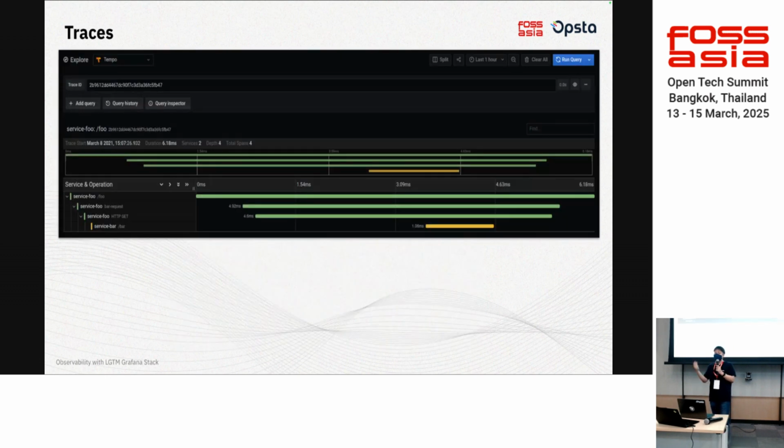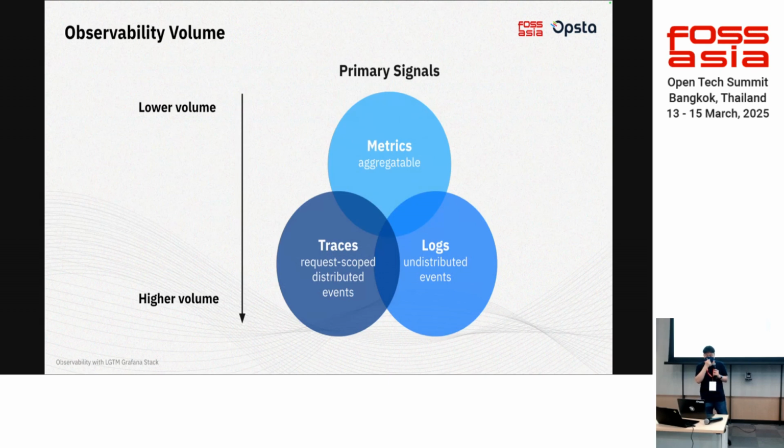For tracing, I will go deeper later, but you can see that it covers one request, and you can see exactly how many actions are going on in the system and how long each action takes.